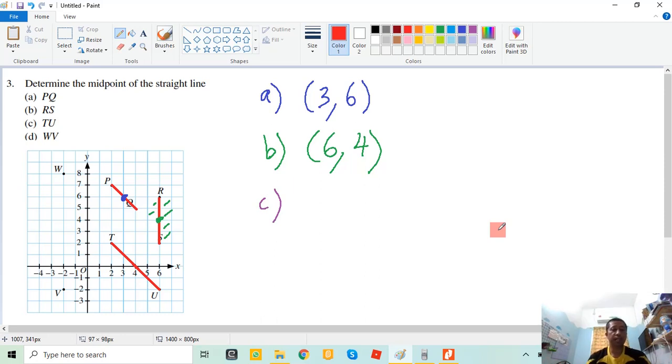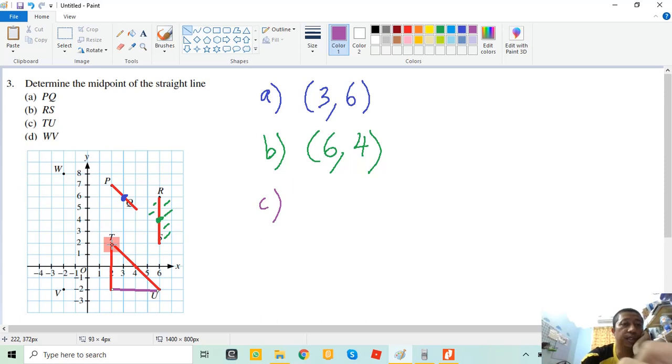We can draw a triangle if you want. We can draw a triangle like this, but this is easy actually. We can draw like this. A right angle triangle. Okay, like this. This is a right angle triangle. And then we can determine the midpoint by referring to the vertical line.